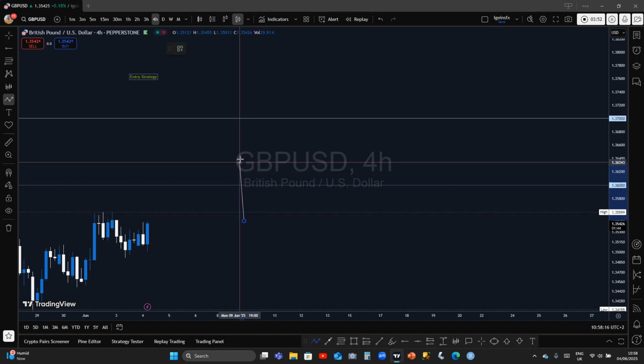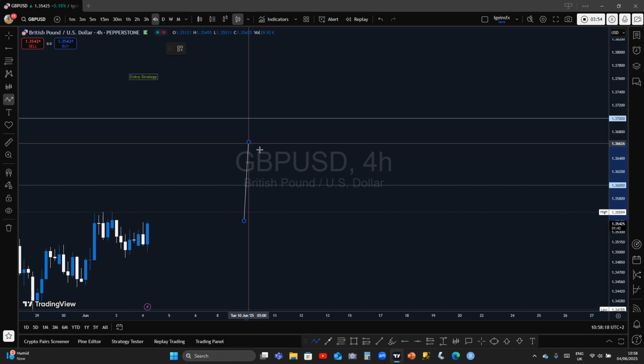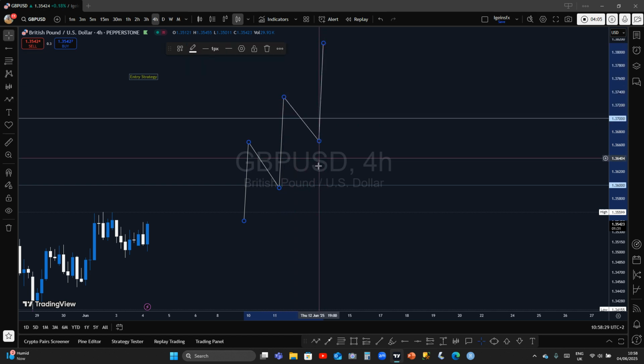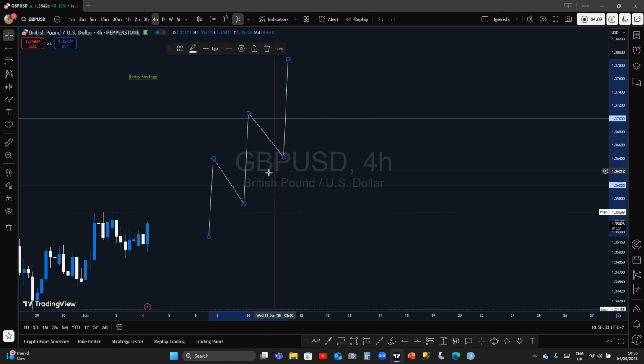A bullish trend is a trend that breaks, creates a high, pulls back, breaks structure to the upside, creates another high, pulls back, and breaks structure to the upside. I know you must have seen this time without number, but just be patient and you will understand.